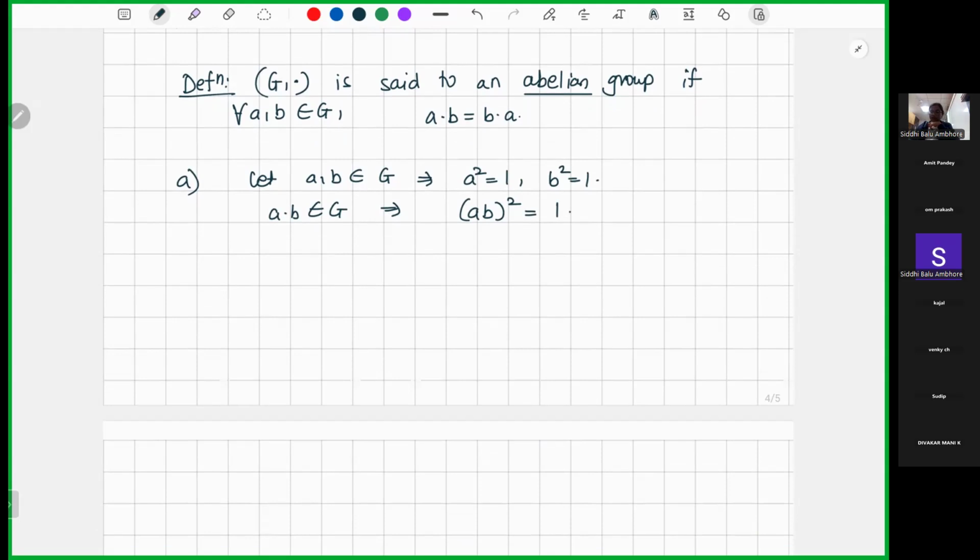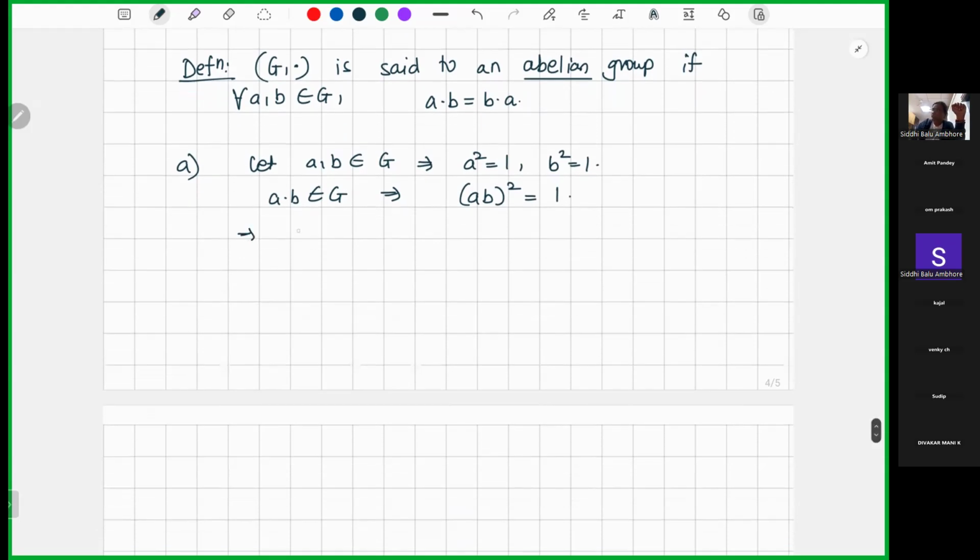Okay, so what does this imply? Since AB square is 1, this implies that AB into AB is 1.